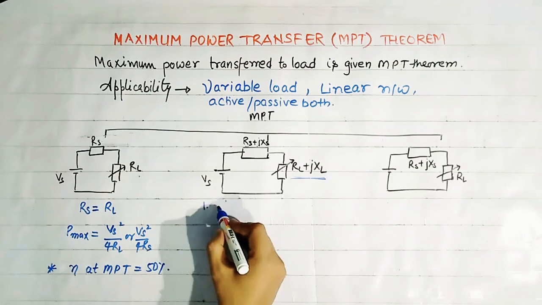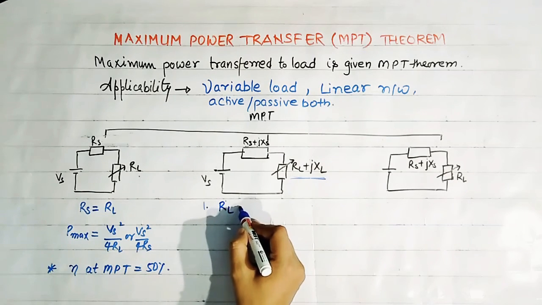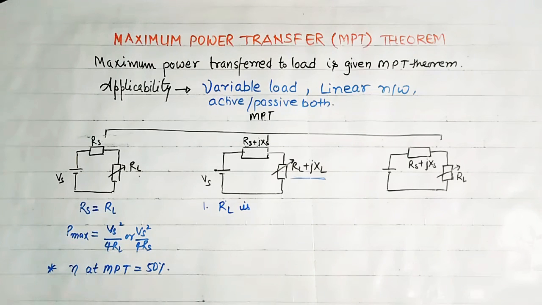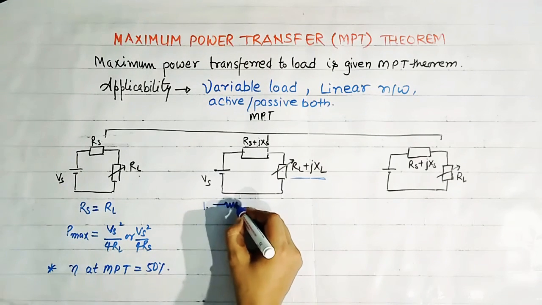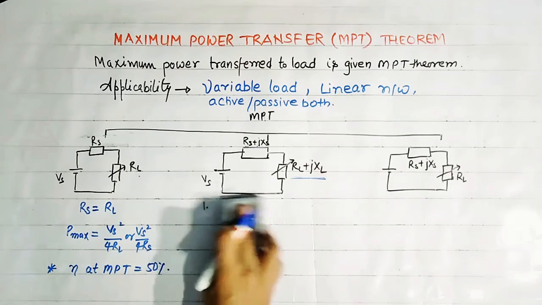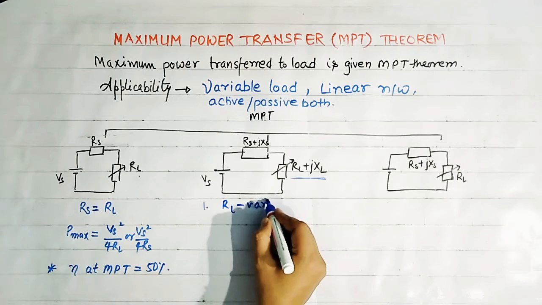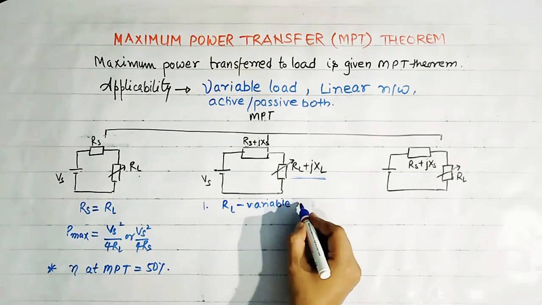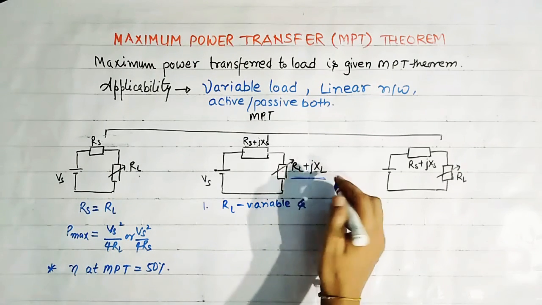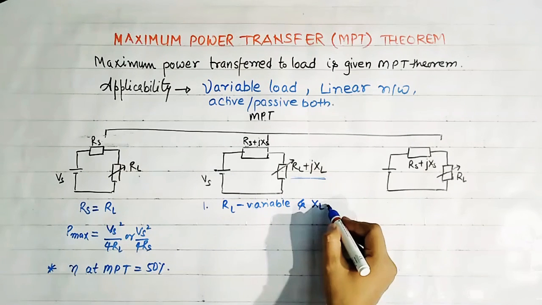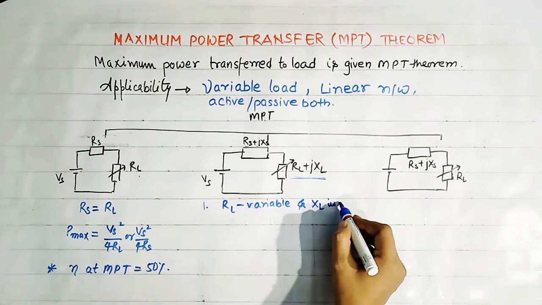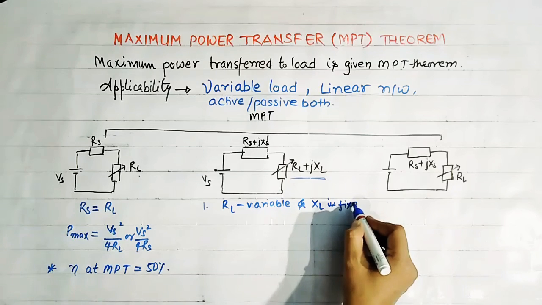First, suppose RL is variable and XL is constant or fixed.